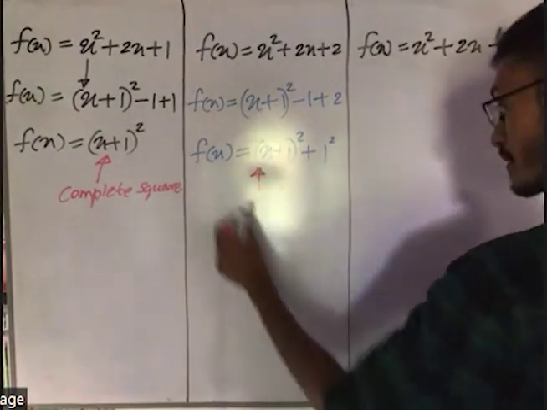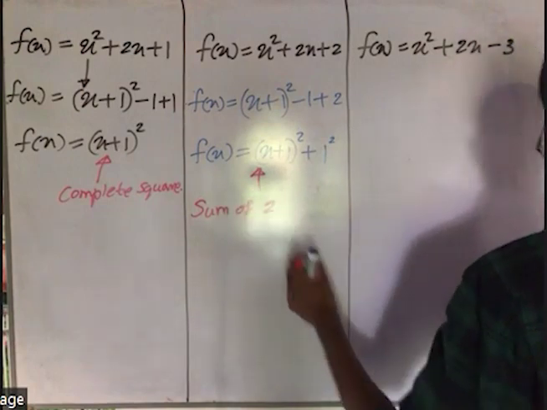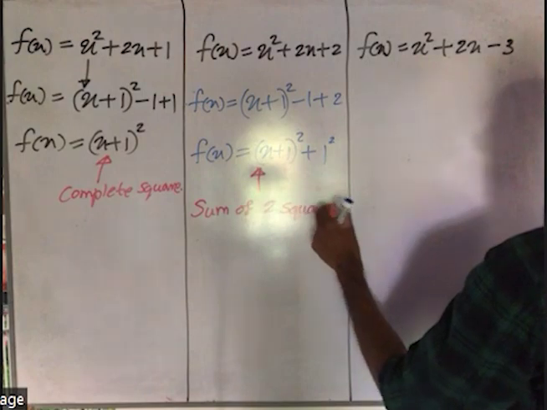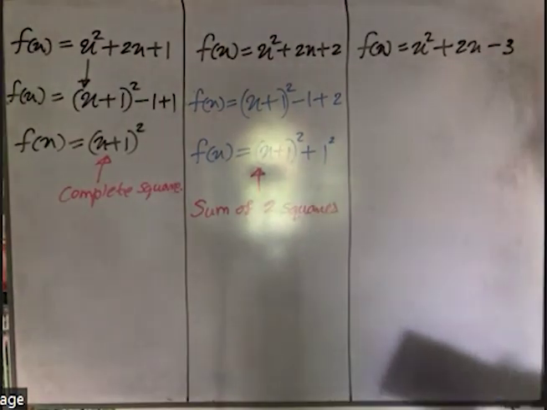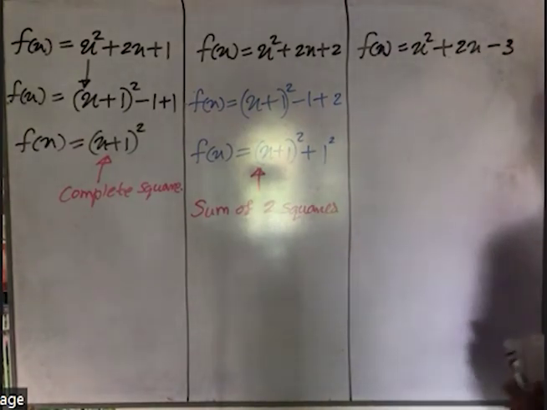Here we have the sum of two squares, so we cannot simplify this further, right? Same way, we can simplify this function also.